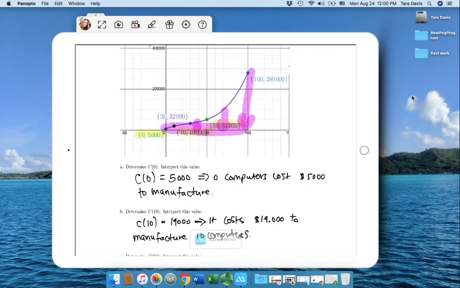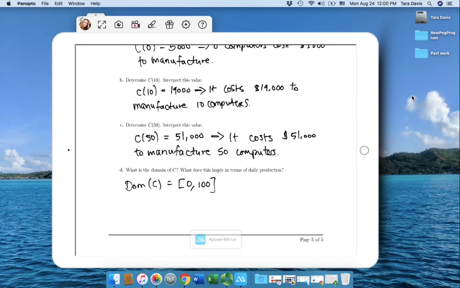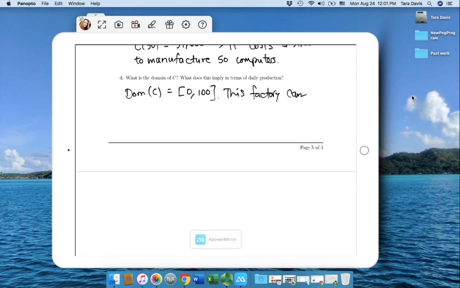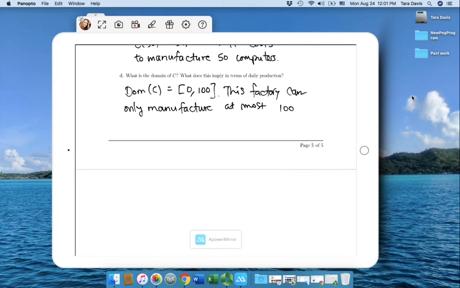So this factory obviously can't manufacture a negative number of computers, and it can only manufacture at most 100 computers in one day.